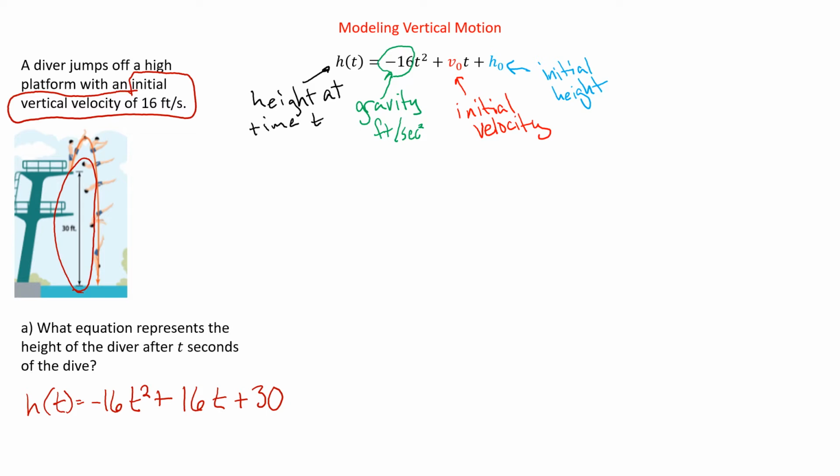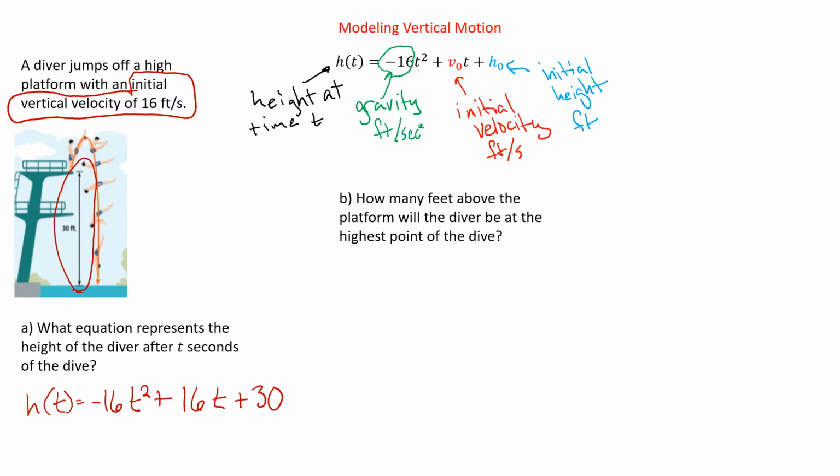So if we wanted to change it to inches instead of feet, then that negative 16 would have to change. So the initial height does need to be in feet, and the initial velocity is feet per second. But then we just plug it right into that equation. That's it. We've got the equation of the height of the diver after t seconds.